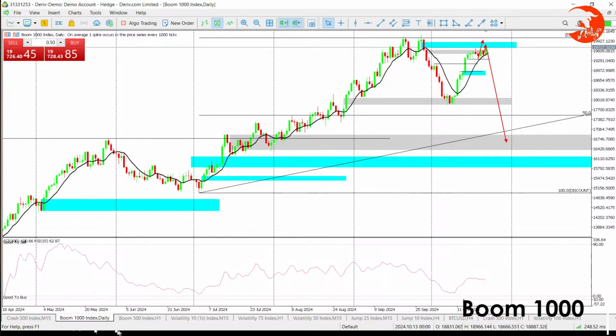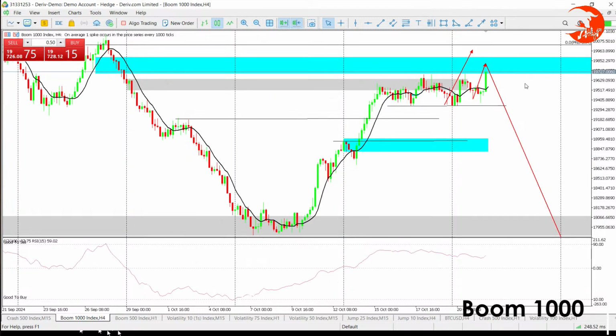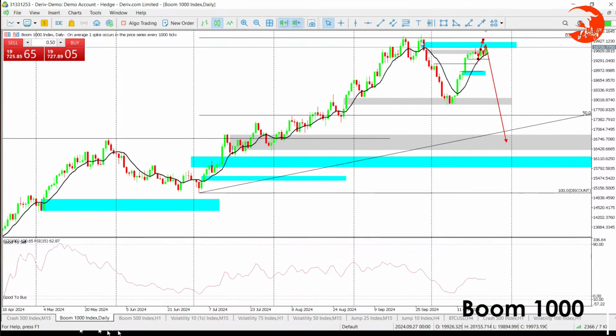So the daily is still selling, and it is going to start selling now because we've finished retesting there in the buys. We've reached that fair value gap that we've been anticipating. So what is left now is for it to reach at least 50% of this fair value gap, or even get up there to that order block.